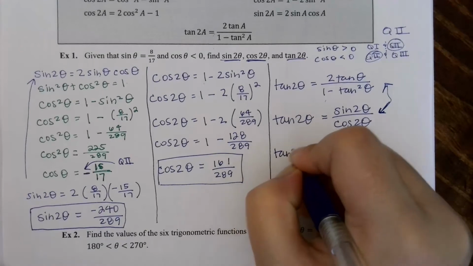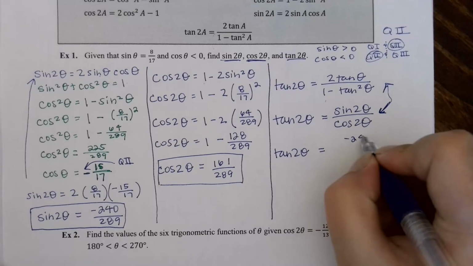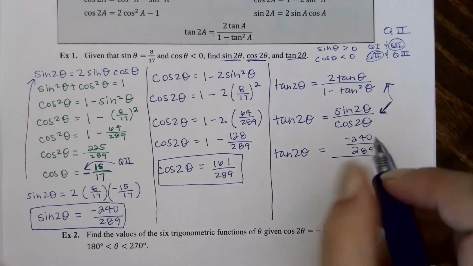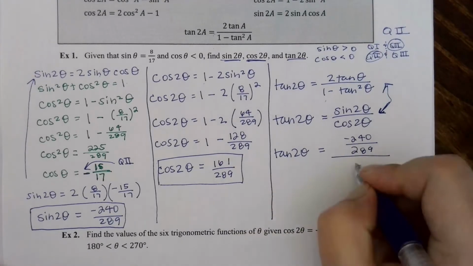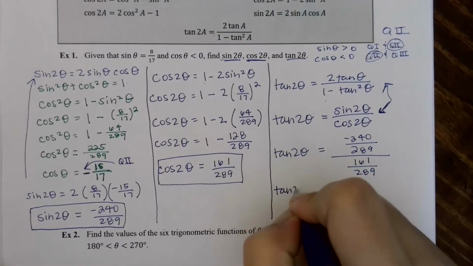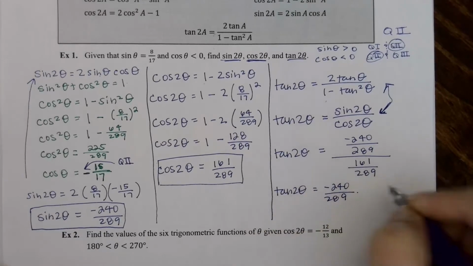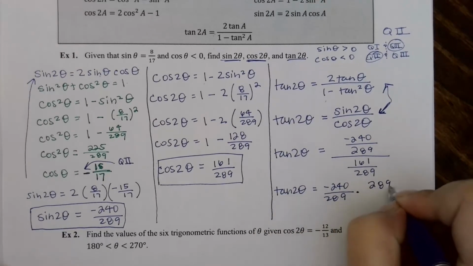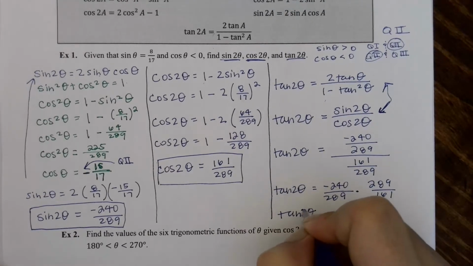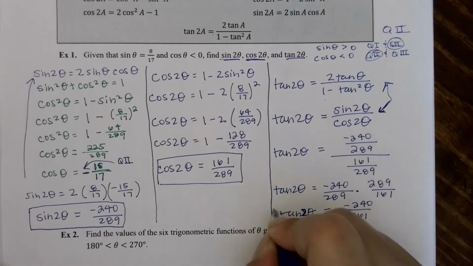So we have tangent 2 theta is equal to sine 2 theta, which we found as negative 240 over 289, and then cosine 2 theta is 161 over 289. I'm just going to rewrite this as multiplication times the reciprocal so that you can see that tangent 2 theta is equal to negative 240 over 161.